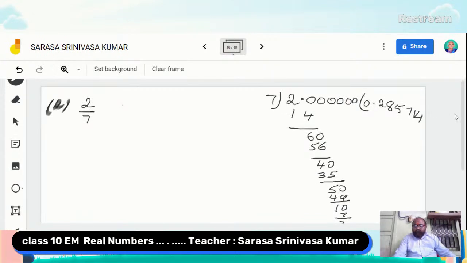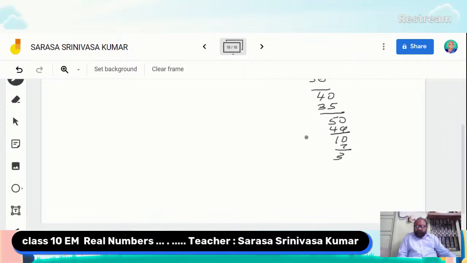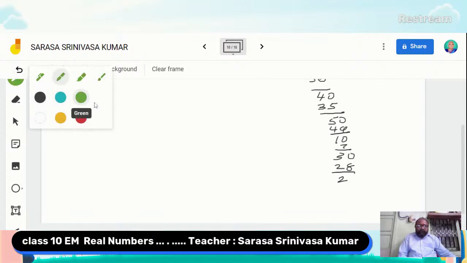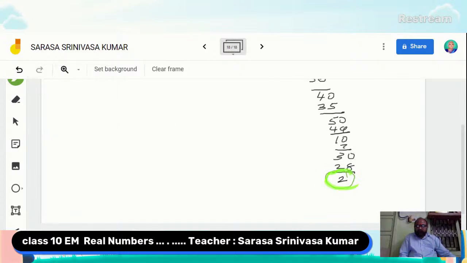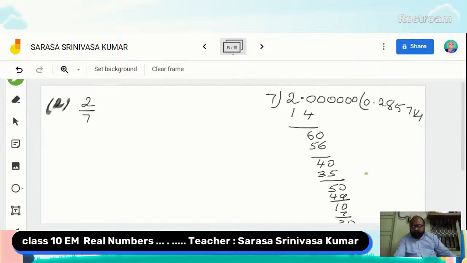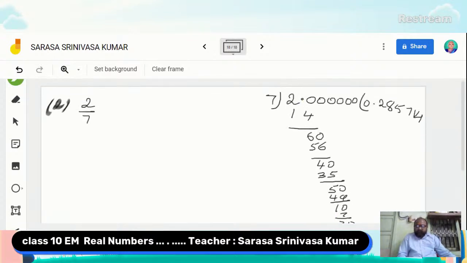So I write 4 here. 30 minus 28 is 2. So again here I get 2 is repeating. Again I got the starting number. Here we have the starting number 2.